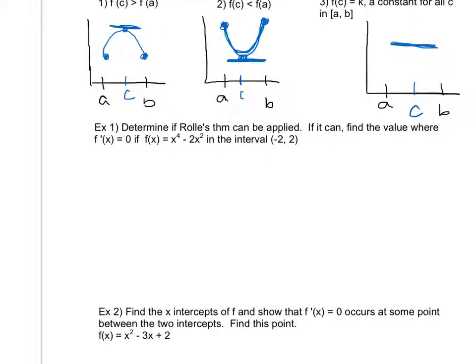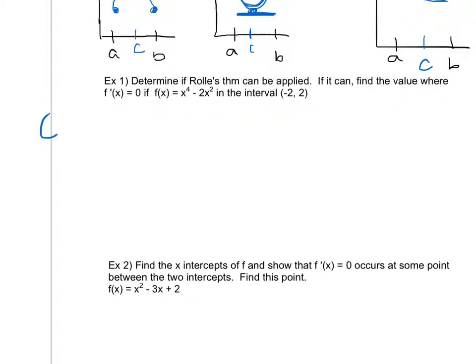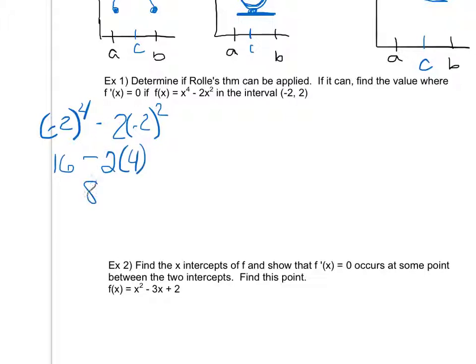Plugging -2 in, I have -2 to the fourth minus 2 times -2 squared, which is 16 minus 2 times 4, giving me 8. Plugging in my other endpoint, 2, I get 2 to the fourth minus 2 times 2 squared, which is again 16 minus 2 times 4, giving me 8.